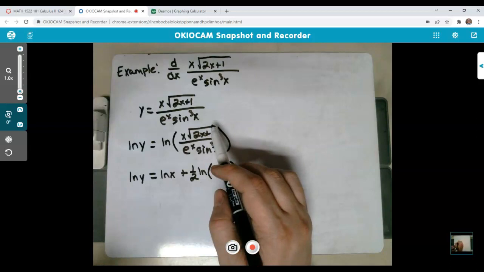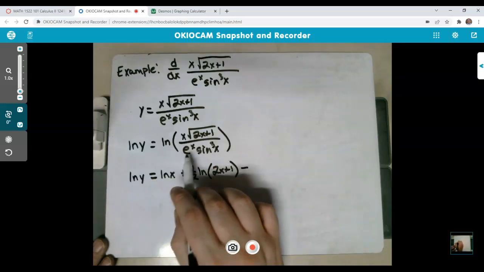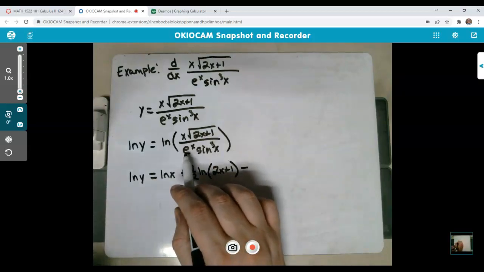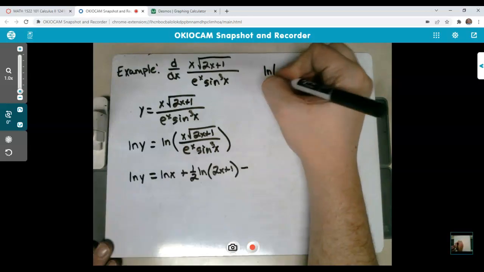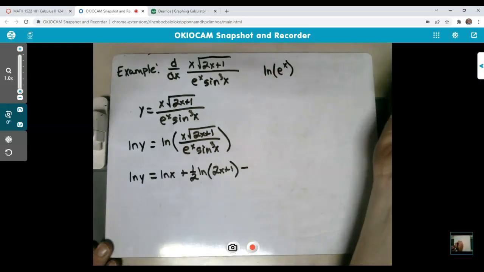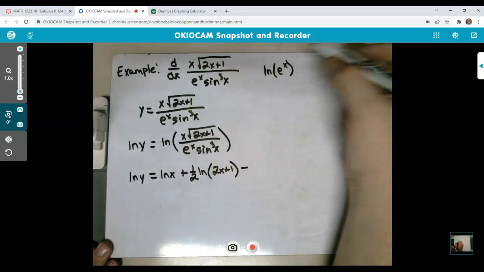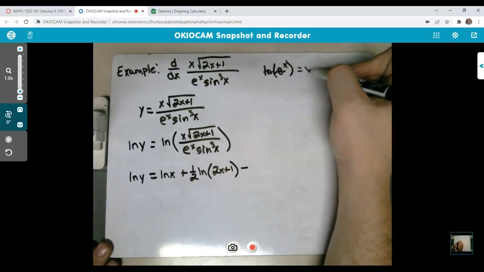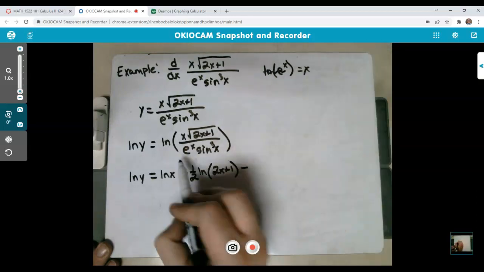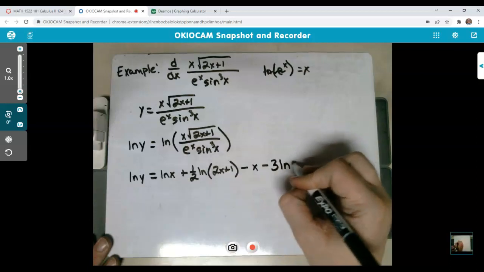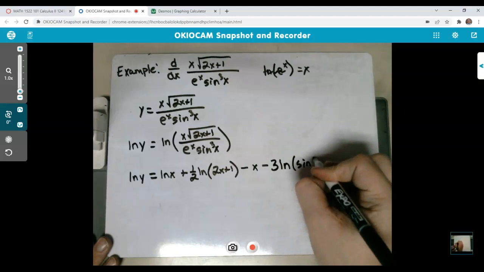I am dividing all of this stuff, so that's minus ln of e to the x. Remember that ln is log base e. So this is log base e of e. They cancel out, and that's just x. So e to the x becomes just an x. And then minus, this is the natural log of sine cubed. So I can bring my 3 out to the front. 3 natural log of sine x.